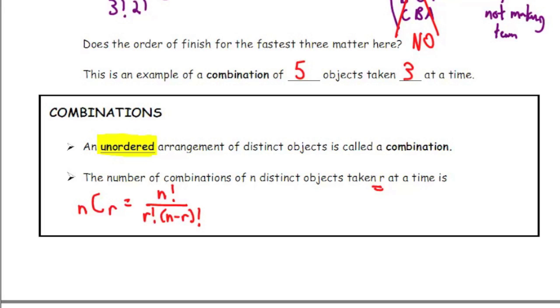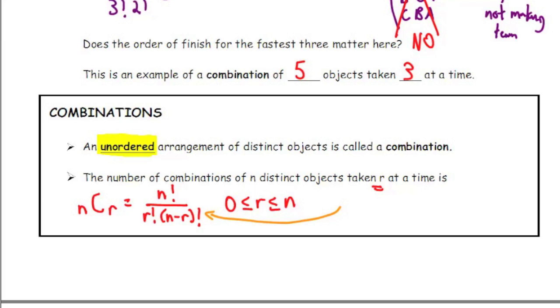Some people call this the choose function. You may read about that online. But either way, r in this case has to be a value between 0 and n. You can't have more than the whole set, and you certainly can't have less than 0. And there you go.